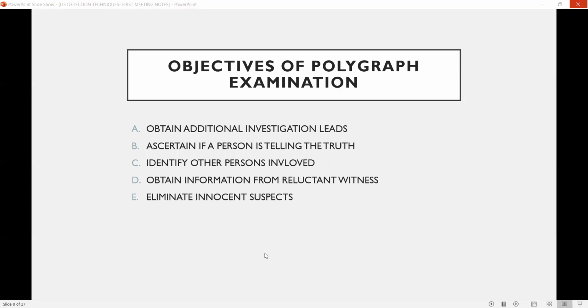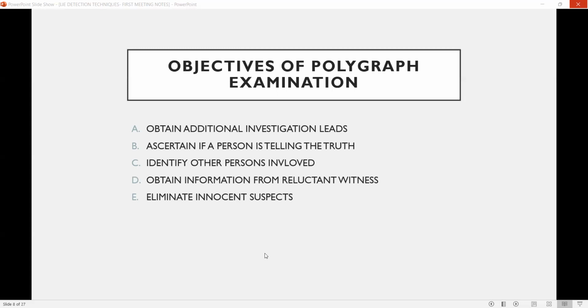Polygraph examination is conducted in order to obtain additional investigation leads to the facts of the case. That's why the polygraph examiner will ask questions directly to the subject to obtain additional investigation leads.